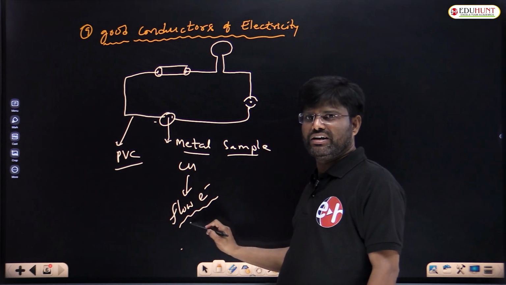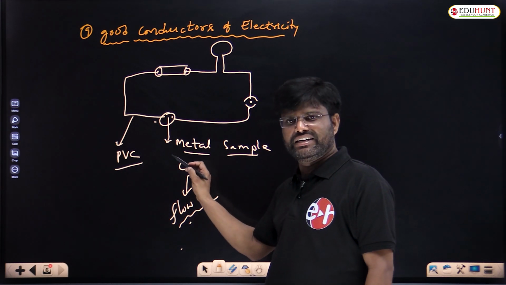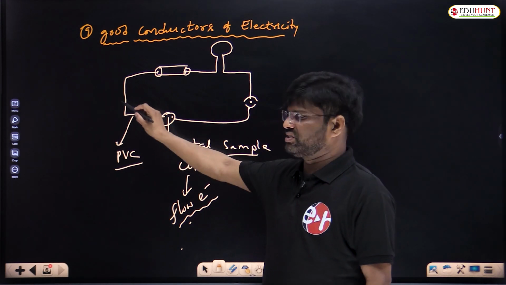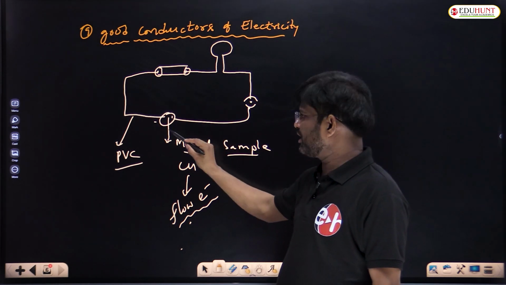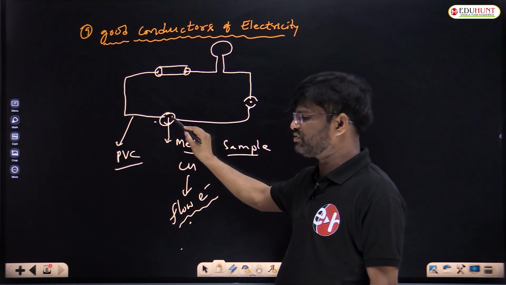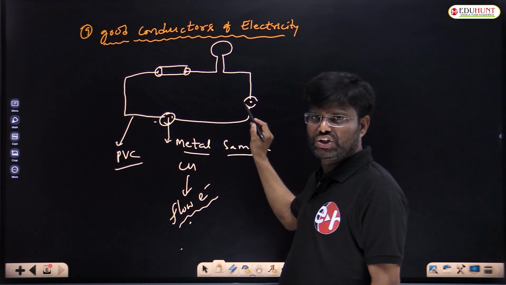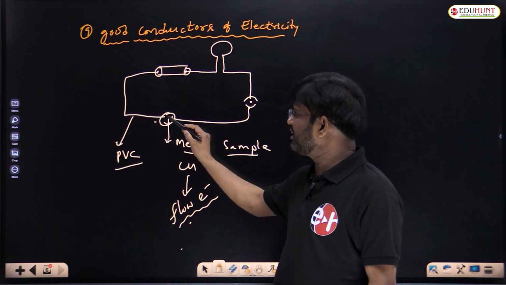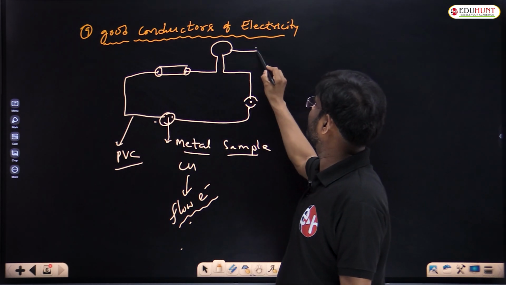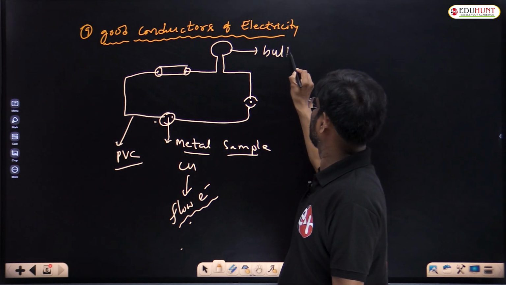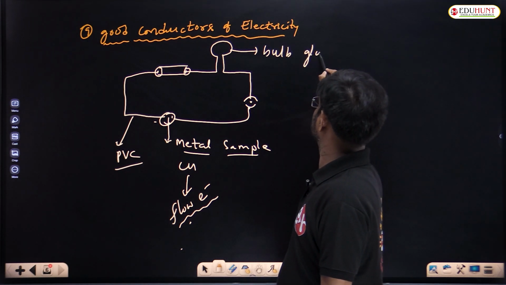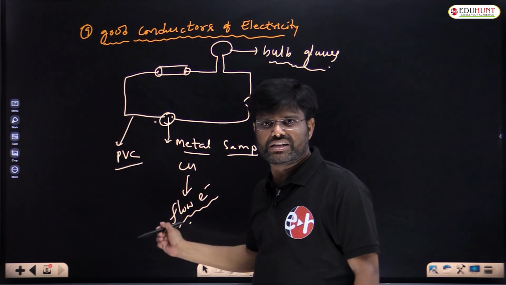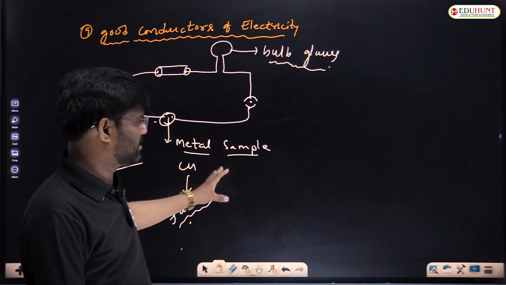Because of that flow of electrons, it allows the electric current, and electricity is passed through the PVC wires. When we switch on, electricity is passed. Because of the free electrons, the bulb glows. Because of that, metals are good conductors of electricity.